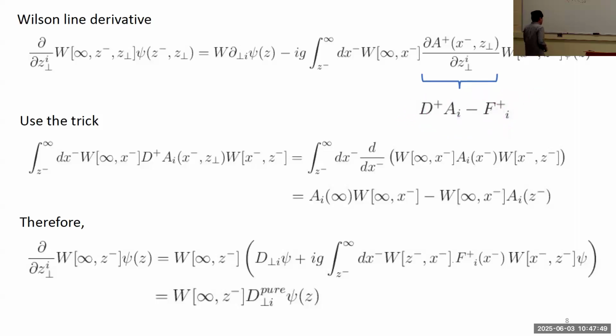I think this is a trivial point: F plus i is the derivative of A plus, so I can write this as D plus A i minus.